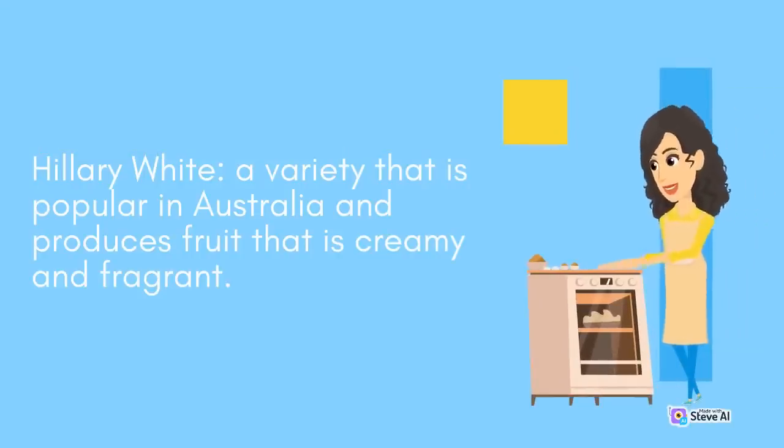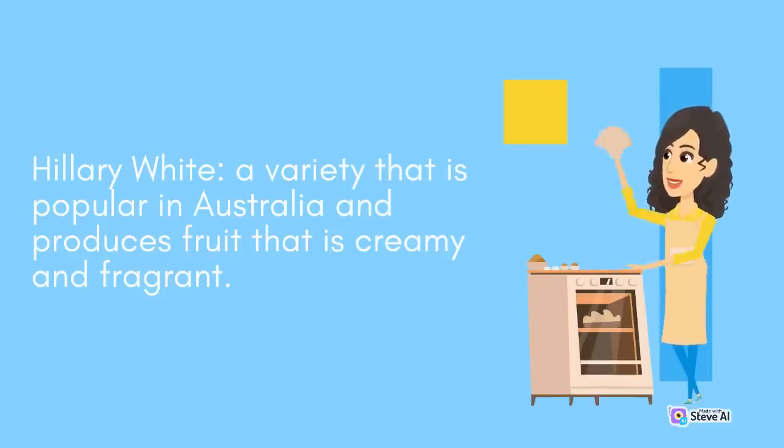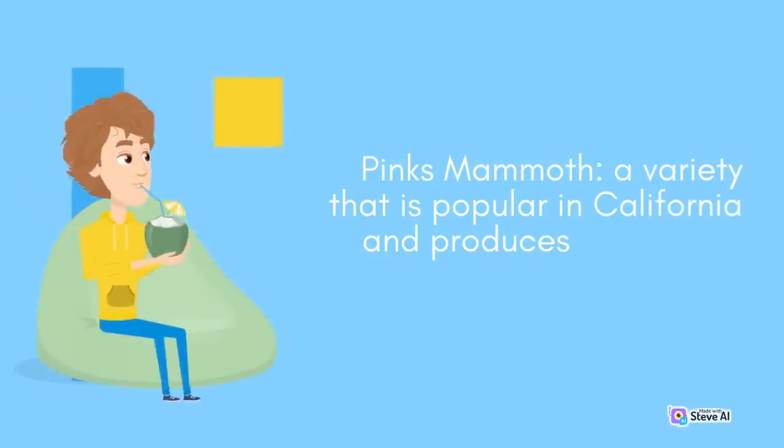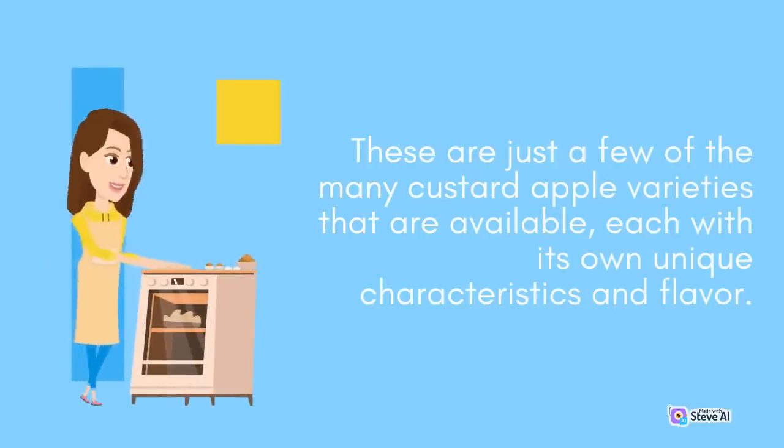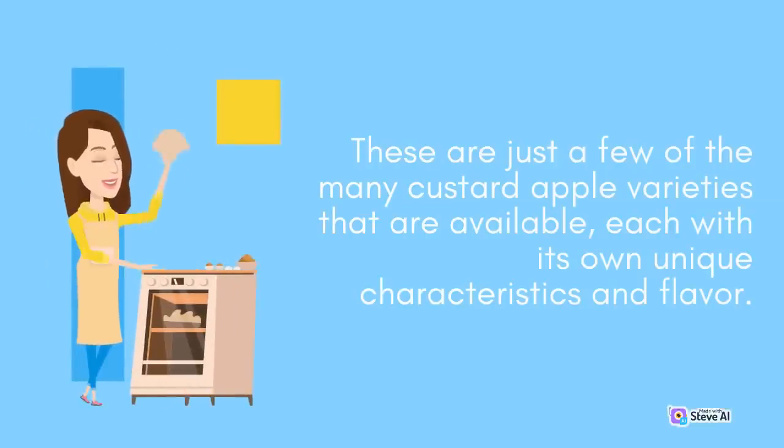Hillary White, a variety that is popular in Australia and produces fruit that is creamy and fragrant. Pink's Mammoth, a variety that is popular in California and produces fruit that is large and juicy. These are just a few of the many custard apple varieties that are available, each with its own unique characteristics and flavor.